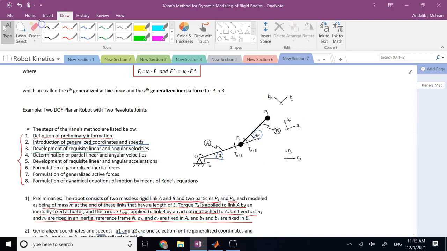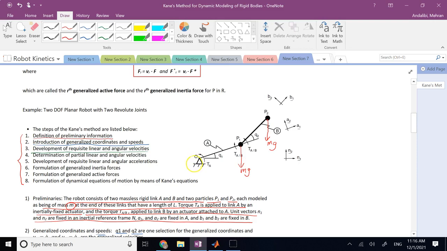So if I look at my system, what do I have? I have 2 gravity forces, M1G and M2G. By the way, in this system, we assume both of the blocks have the same mass M. So I have mg here and mg there, gravity forces. The end effector here is completely free to move, so there is no force here.